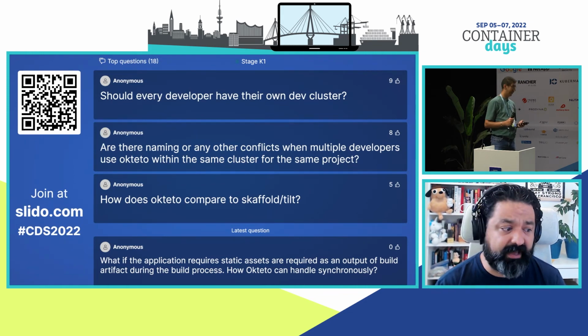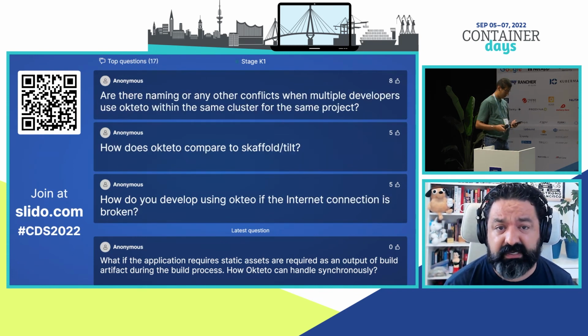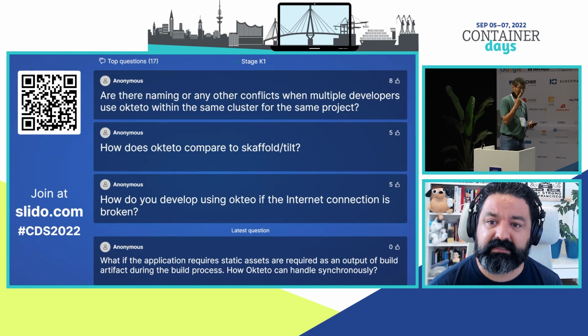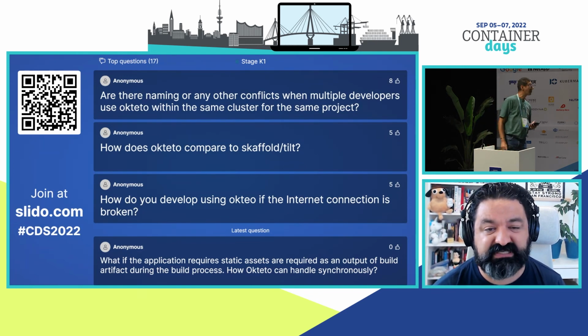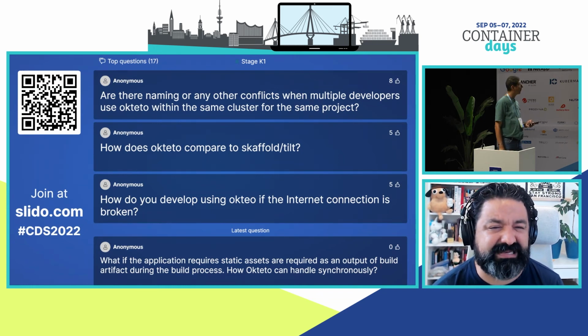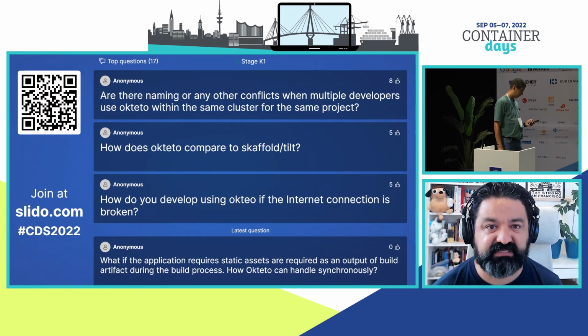No, I don't think so. One of the things that we did when we started building Octeto was that we wanted to make it so that multiple developers can share the same cluster. So what we believe is the right level is a namespace per developer on the same dev cluster. Of course, this also depends on what kind of applications you're building.